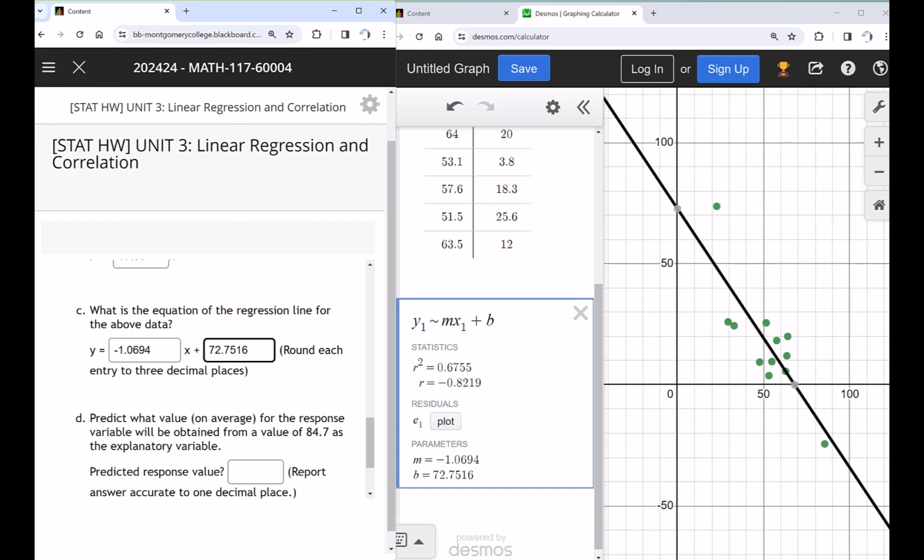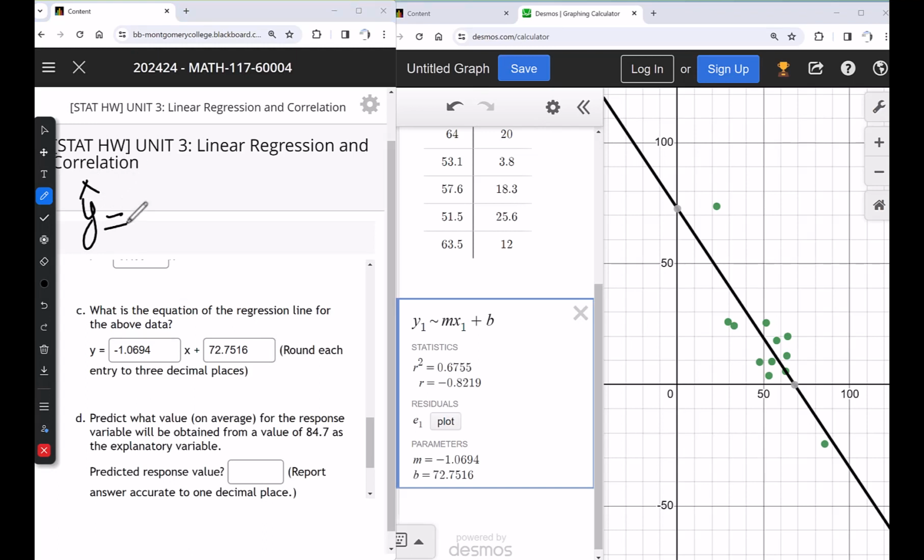So what you can do here is, remember our equation is y hat equals negative 1.0694 x plus 72.7516, and now we have to predict the value for x value as 84.7.